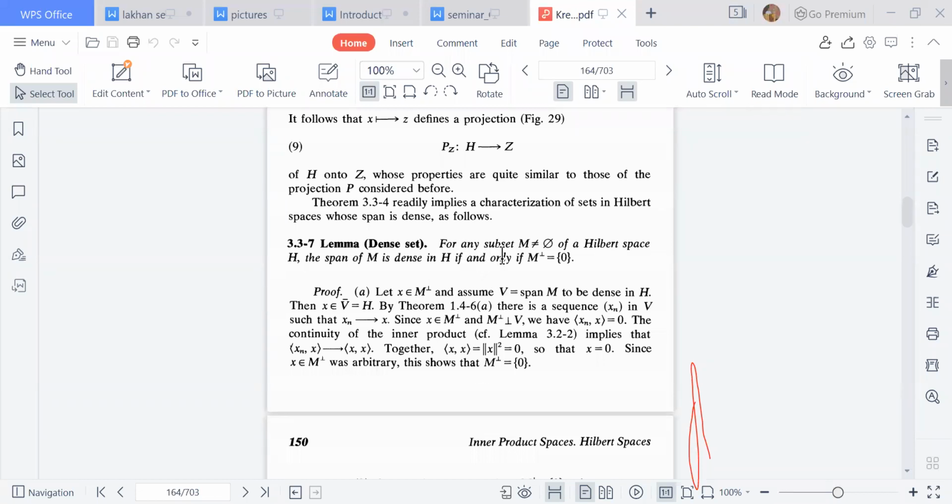Given that for any non-empty subset M of a Hilbert space capital H, the span of M is dense in capital H if and only if M complement is equal to the set containing only 0 element.